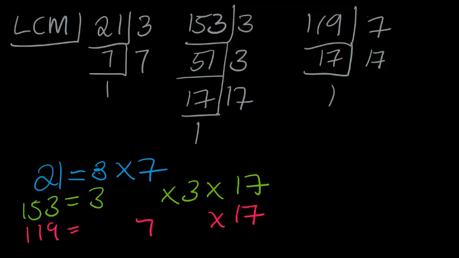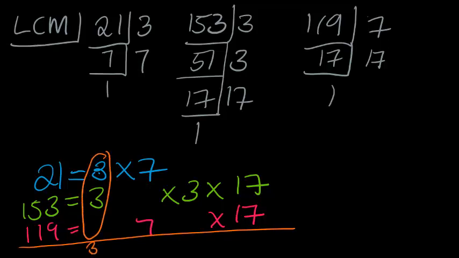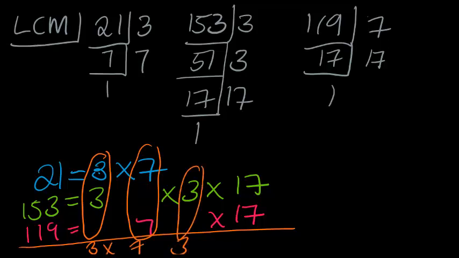Again, pay attention to how everything is spaced out. So in this column, I have got 3's. In this one, I've got 7's. In this one, I've got 3's. And in this one, I've got 17's.